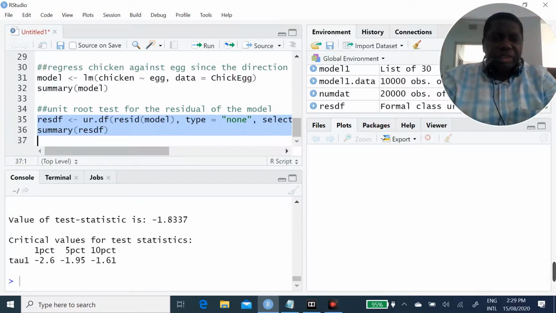And if you compare, this is minus 1.83 and this is minus 2.6. So this confirms that cointegration does not exist, even though both are stationary after first difference. So this is the procedure. Super simple and straightforward to do.